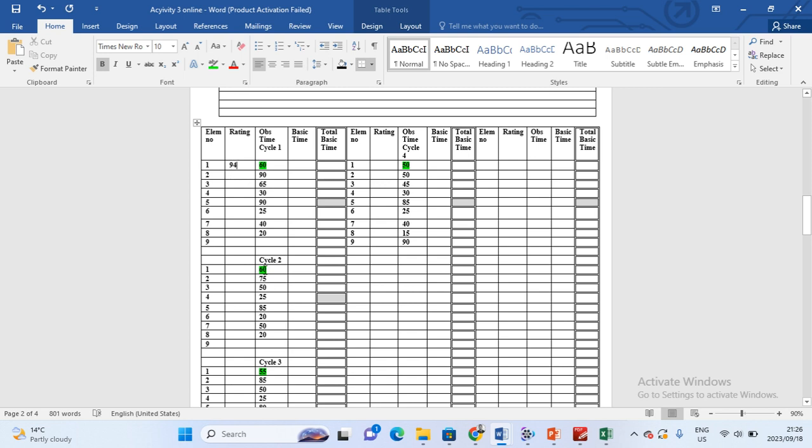It was 56.25. You divide it by 60 again. And you get the same answer, which should be 94. We go to our third cycle, the first element, 56.25 divided by 55.